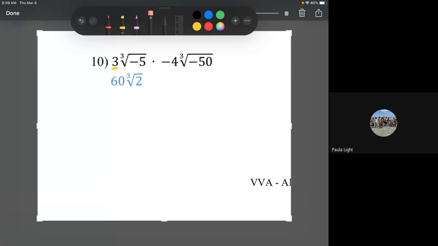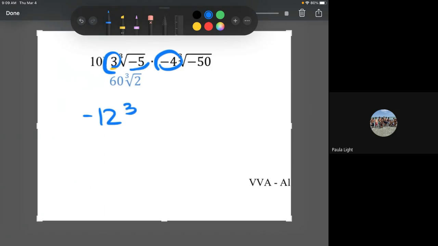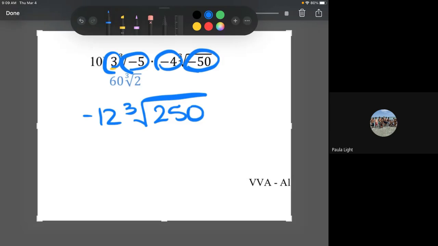Hunter, tell me what you did. I don't even remember doing this worksheet. You don't remember doing this. So you just saw the answer and you're like, I got this. Okay. So we're multiplying. Negative 3 times negative 4, negative 12. Cubic root, negative 5 times negative 50. Negative 5 times negative 50 is that 2,500? 250. Okay. So can we break down 250? How do we break that down? 125 times 2, right?